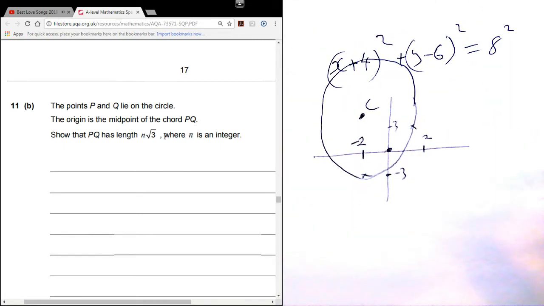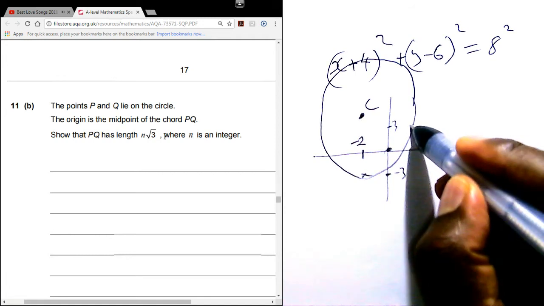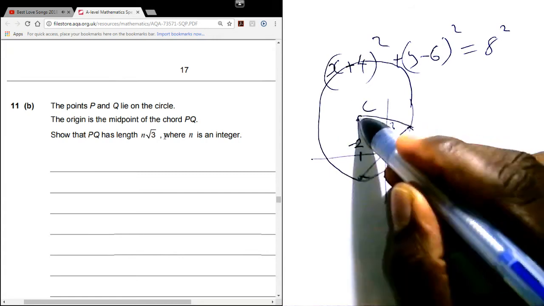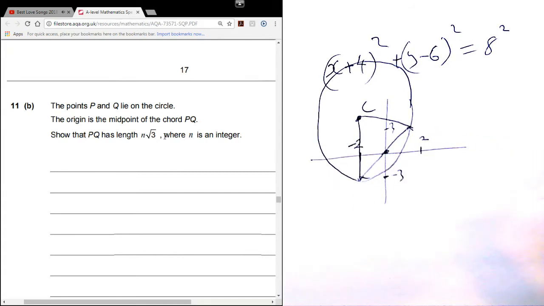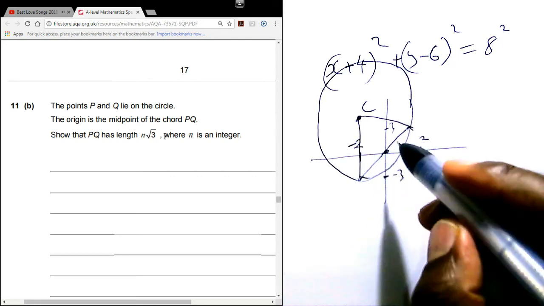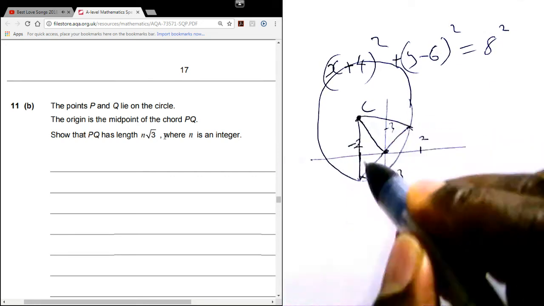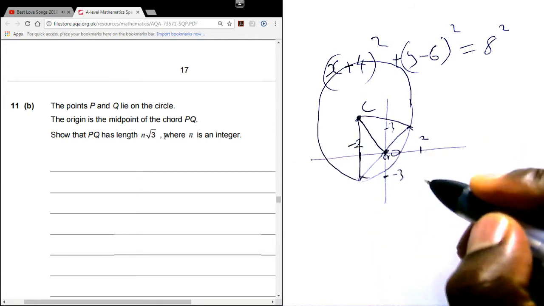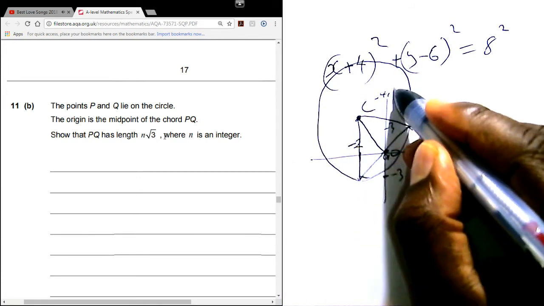When you have something like that, we can now make this into a shape, like that, a triangle. We cannot tell the distance between these two, but we can tell the distance between their midpoint and the center of the circle. The midpoint here is 0, 0. The circle's center is negative 4, 6.